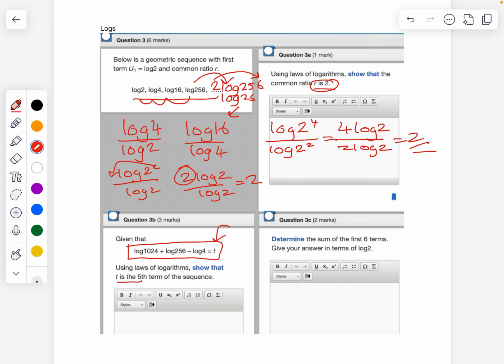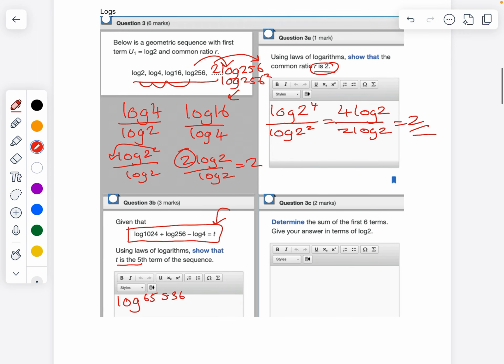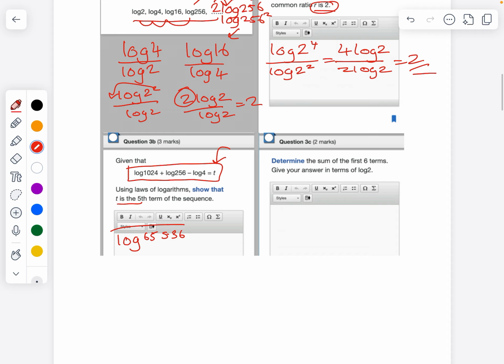We want to bring the power up, so we have to work out what is log 256 squared. Well, you can put that in a calculator. It's going to be 65,536. Okay, so we have to show that this is t.